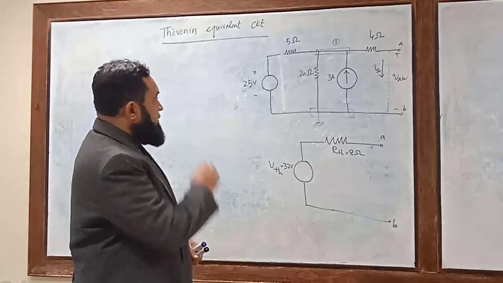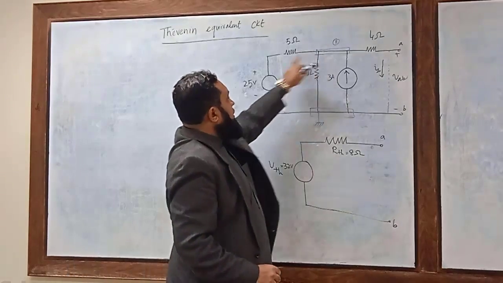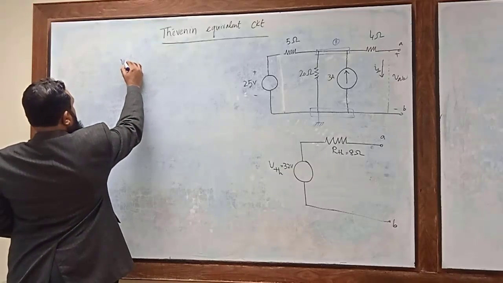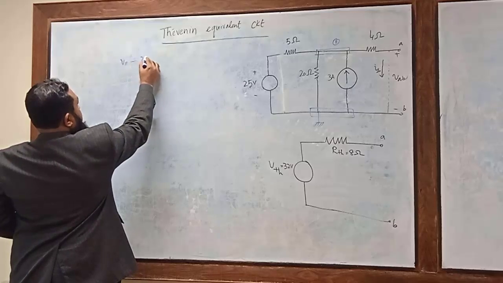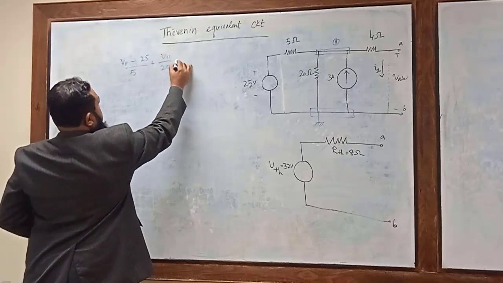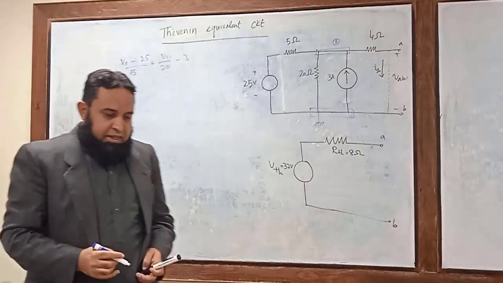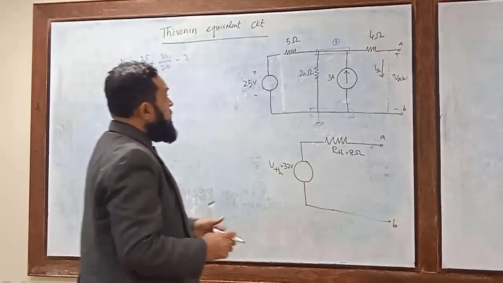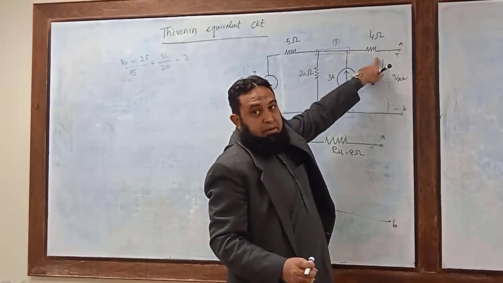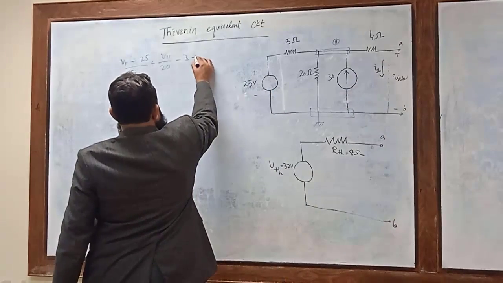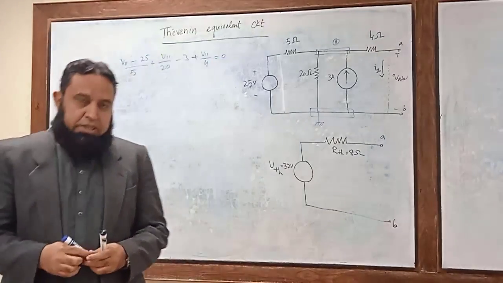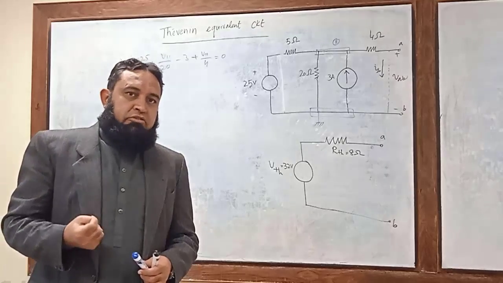So applying the node voltage method to this circuit, we have V11 minus 25 divided by 5 plus V11 divided by 20 minus 3, and if you look here at the reference node, plus V11 divided by 4 equal to 0. So this is the node voltage method, and we have to compute V11.